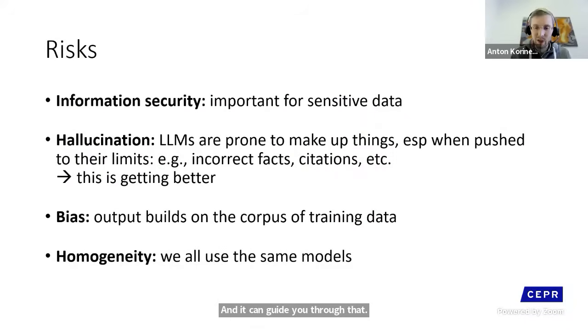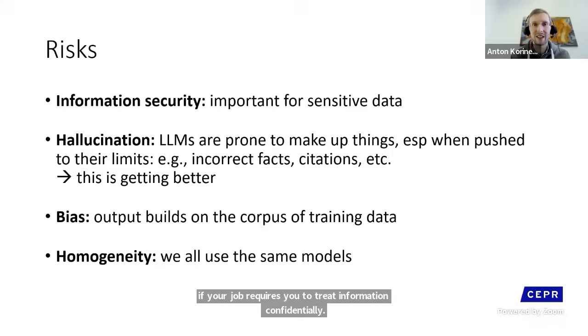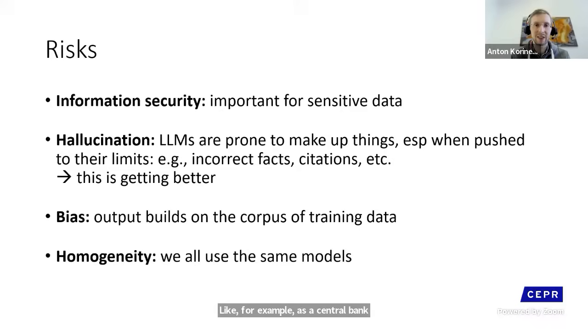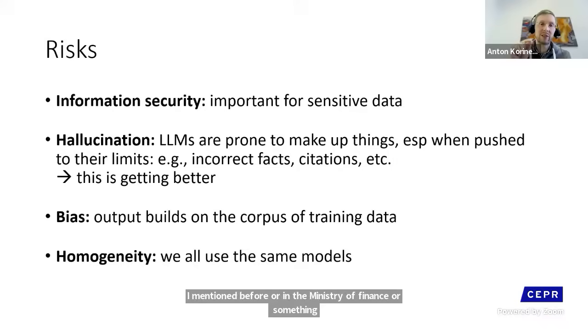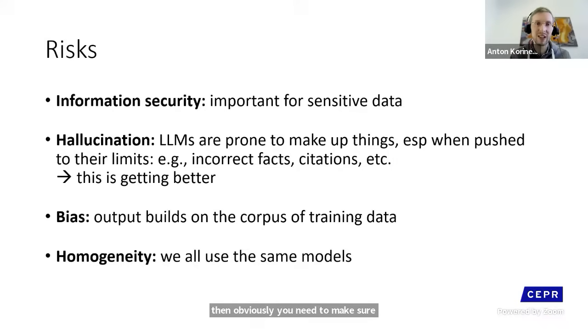So before I go into tangible use cases, let me also highlight a couple of risks that we need to be aware of. The first one, information security. If your job requires you to treat information confidentially, like for example at a central bank, which I mentioned before, or in the Ministry of Finance, then obviously you need to make sure that you satisfy the information security standards.